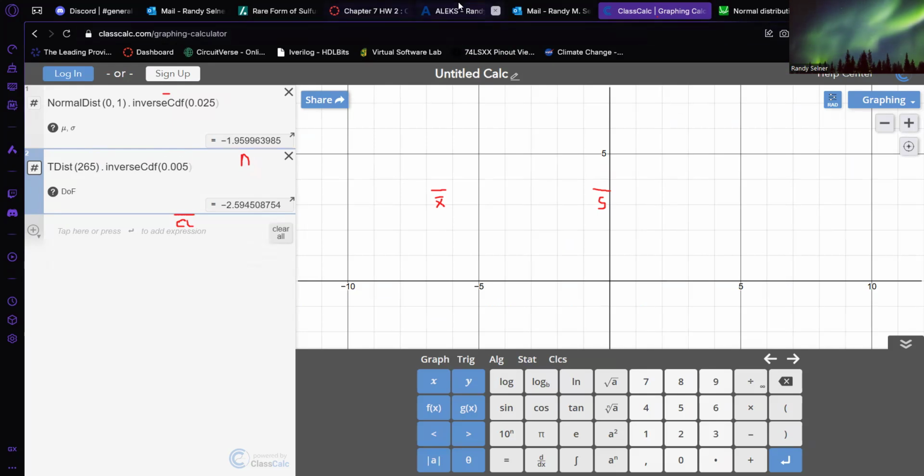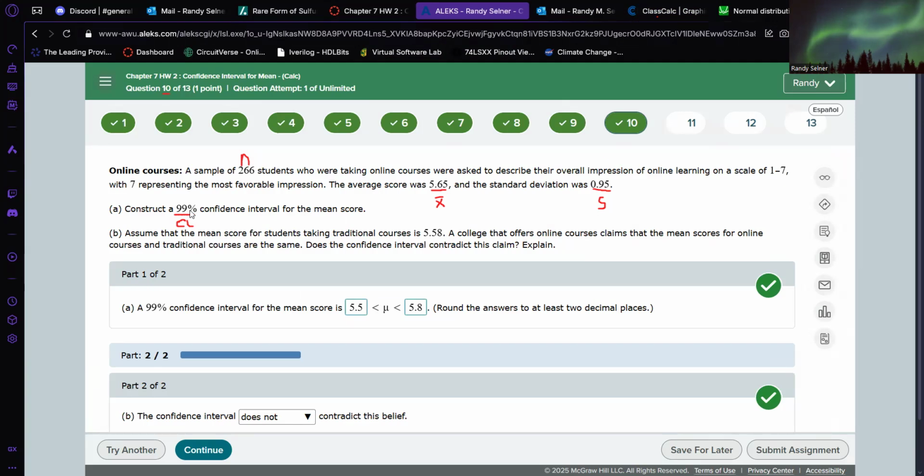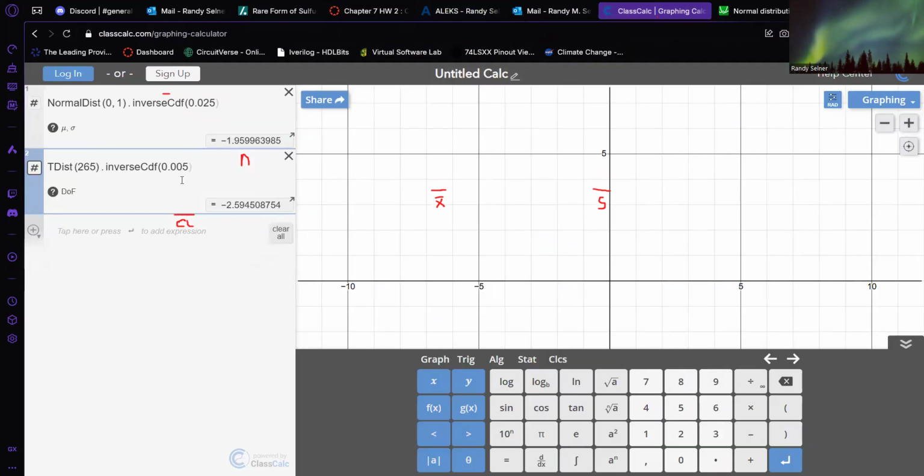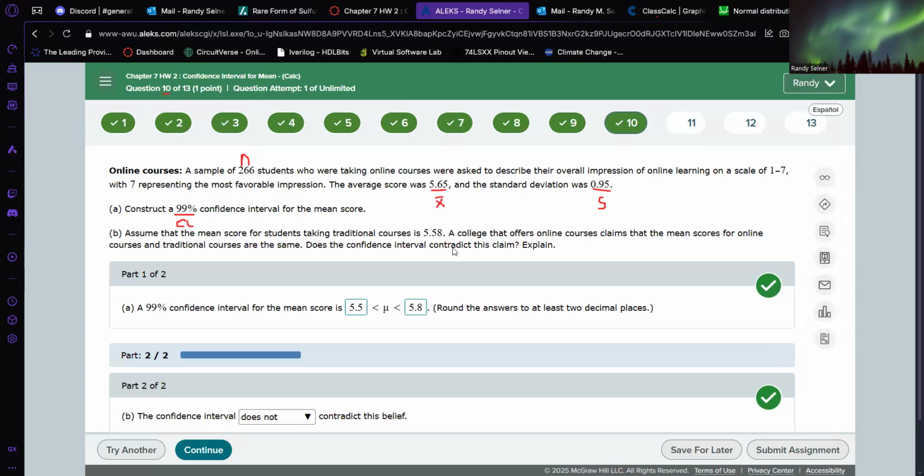And because we're doing a 99% confidence level, 1 minus 0.99 is 0.01, and we divide that by 2, we get 0.005. That's why we have our confidence level here, divided by 2.